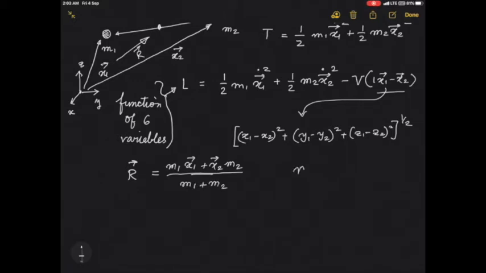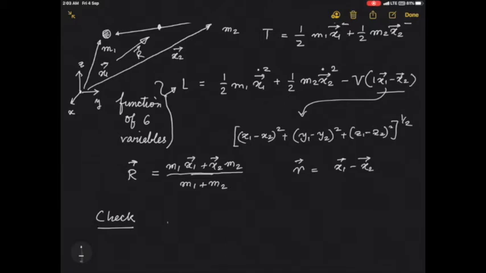And I define small r as simply x1 minus x2. You can as well define x2 minus x1, that's all right. If you do that, then I can rearrange these.